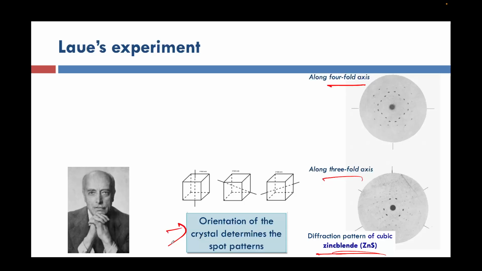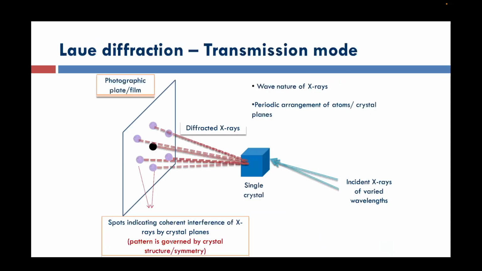Since it was a zinc blende structure, he got many different spots according to his rotation. He changed the orientation and got different spot patterns, which made him think about what was actually happening.